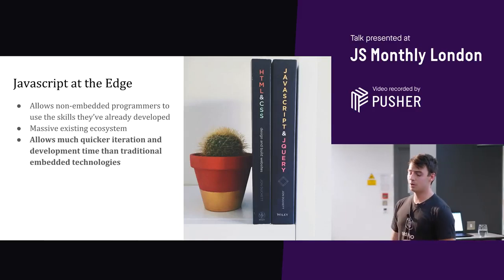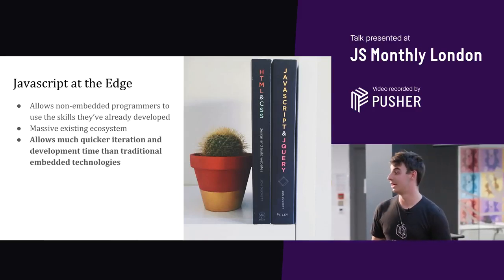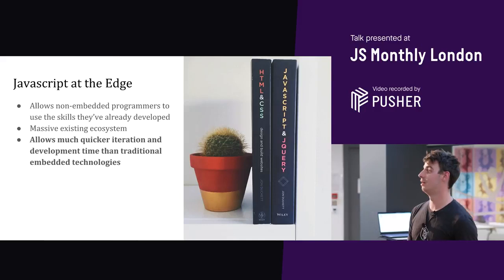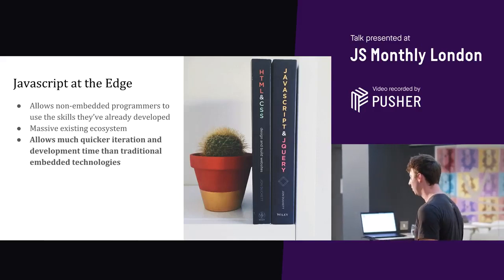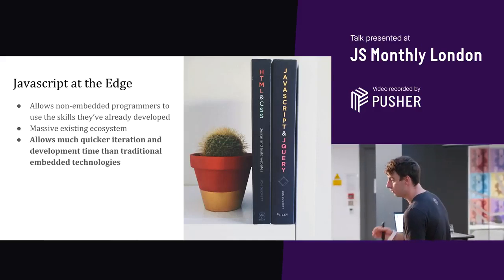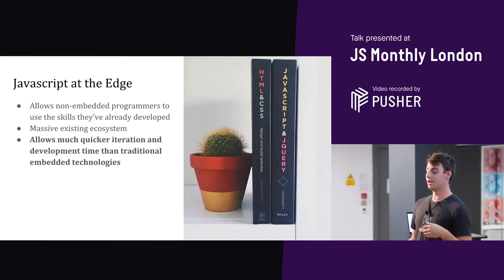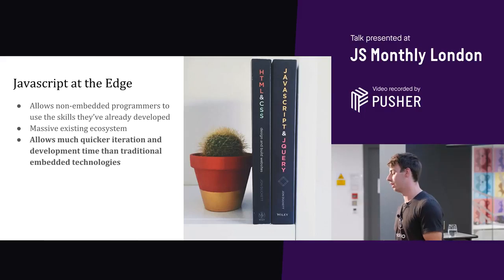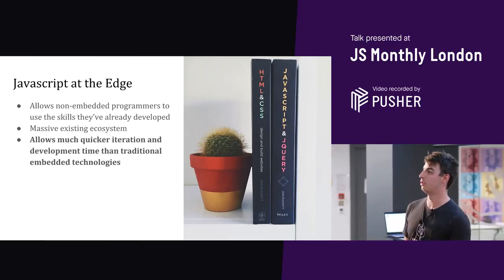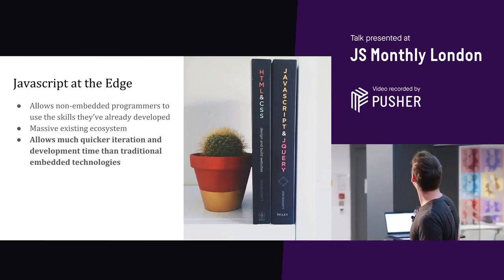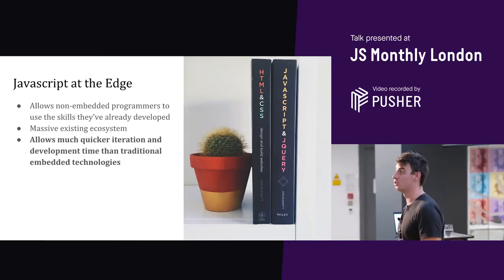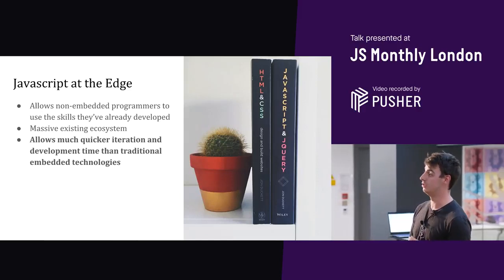Now we've got single board computers which run at gigahertz. They've got gigs of RAM. This just isn't that much of a problem anymore. And programmers will prefer to use languages that aid maintainability, ease of use, and ease of debugging, rather than getting that raw performance. And I think that's why JavaScript has been used on the edge so much already, and why I think it will continue to do so.